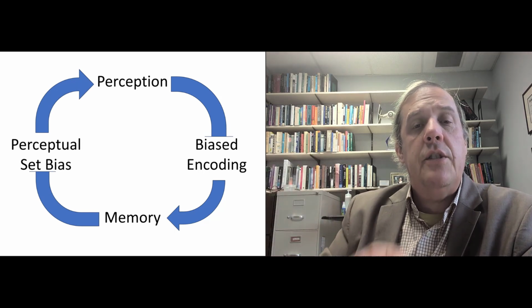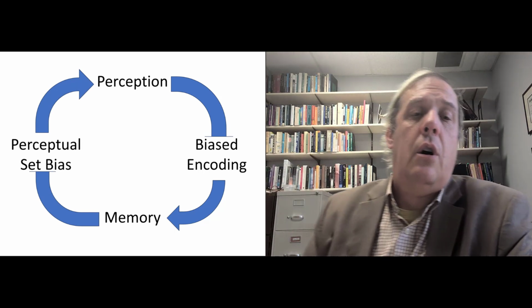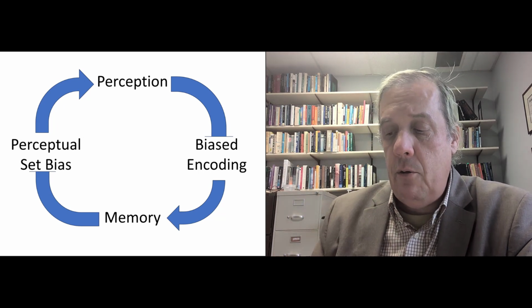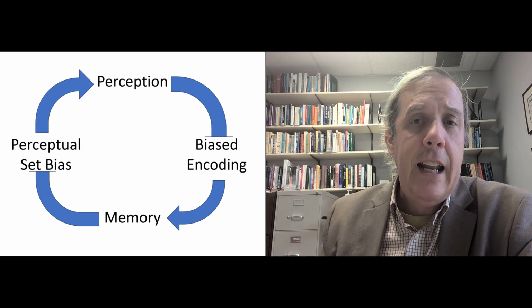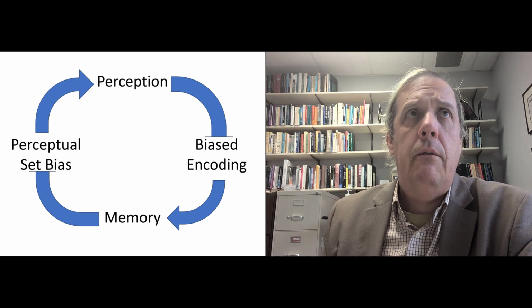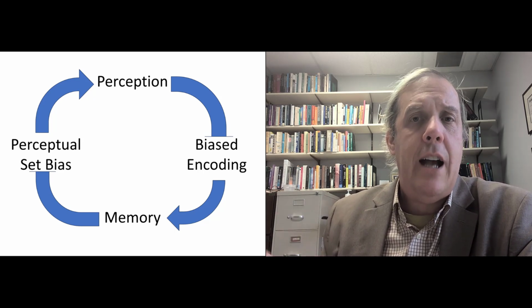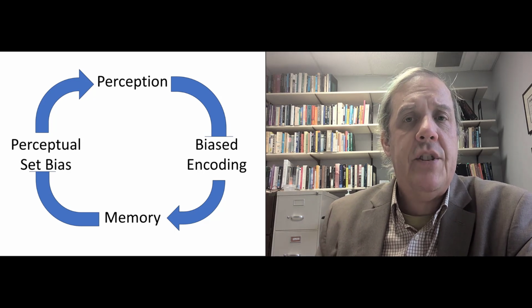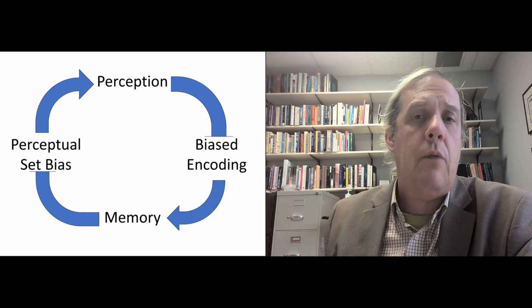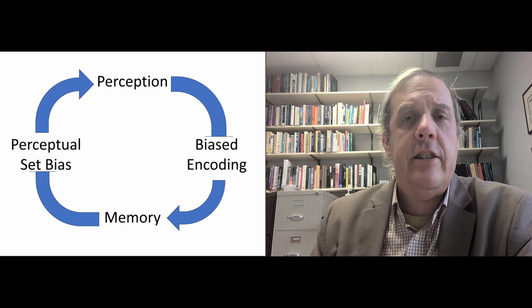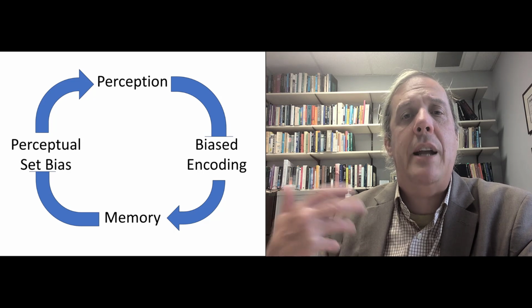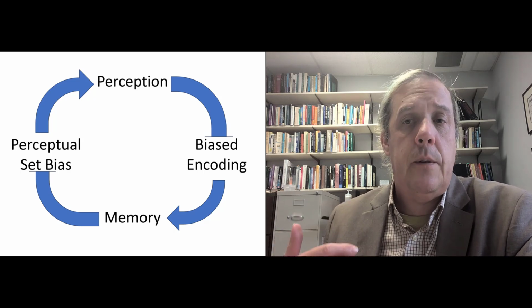So you get a cycle where your memory and your perception reinforce each other, create a world that matches your expectations, that makes sense to you given what you already believe, and is insulated from evidence that your basic understanding of the world is false.